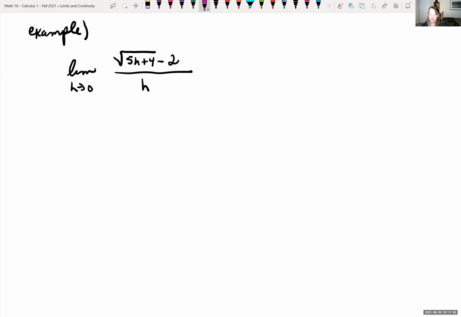So first, again, always try direct substitution. Wherever we see an h, we're going to plug in 0 and see if that gives us anything back. If we do that, we get 5 times 0 plus 4 inside the radical, minus 2, all over 0.